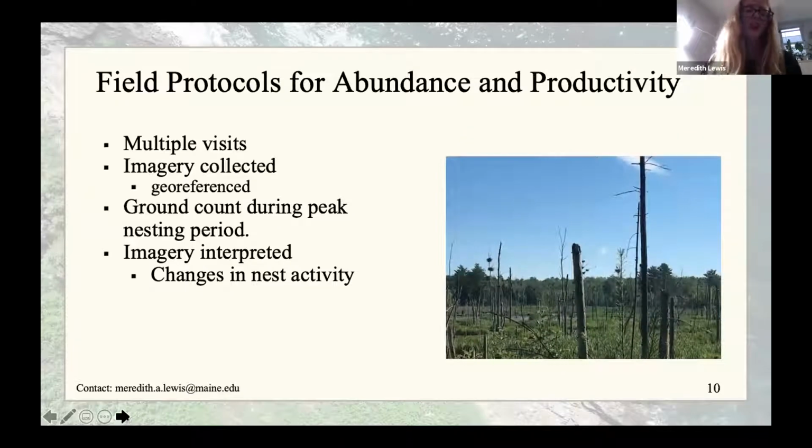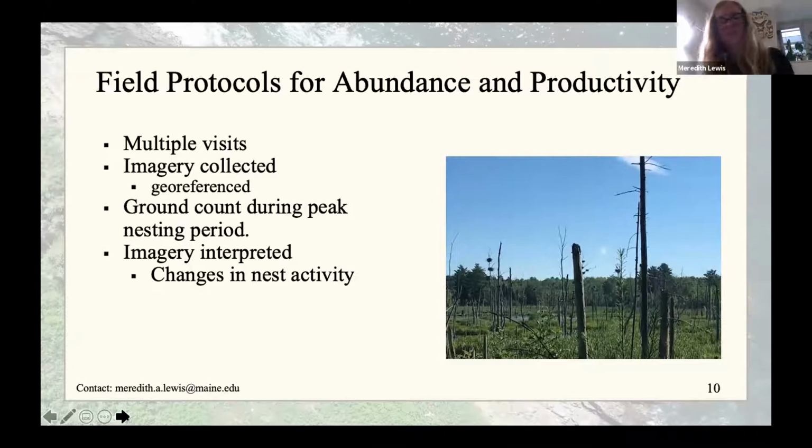We just visit these colonies multiple times throughout the season at consistent intervals, and we're surveying the same area over and over again. And when the imagery is collected, it is geo-referenced. So essentially, if you have a nest that's readily visible in one image, you can come back and once you mosaic the subsequent visit, it has a very similar coordinate, whether that's in UTMs or WGS.